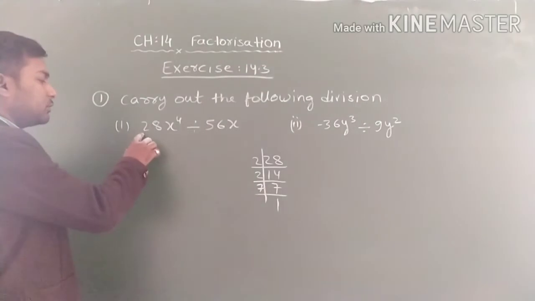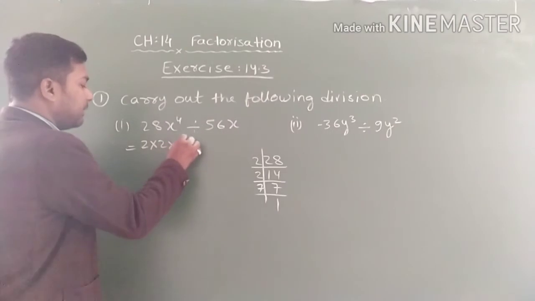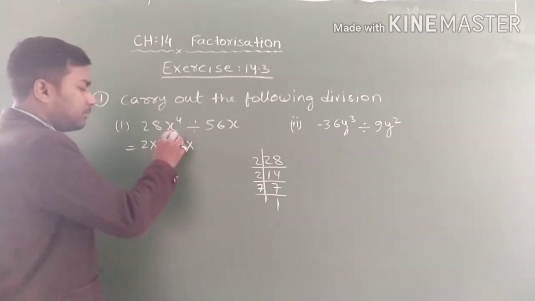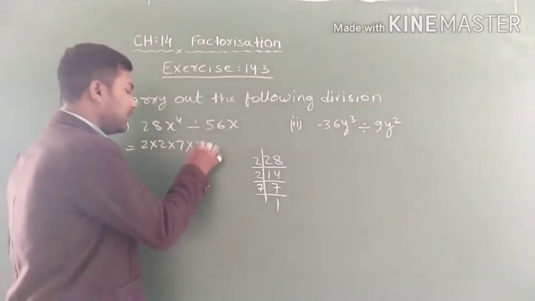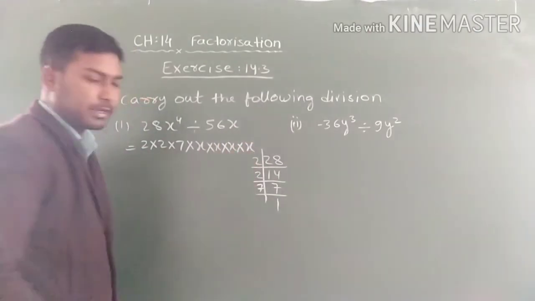So in place of 28x to the power 4 we can write 2 into 2 into 7 into x to the power 4. The factors of x to the power 4 will be 4 times x, so it will be x into x into x into x.